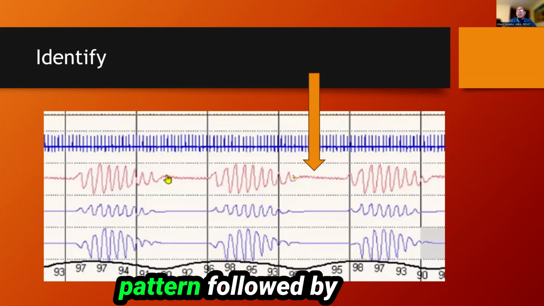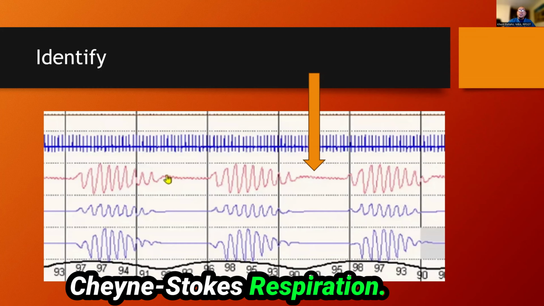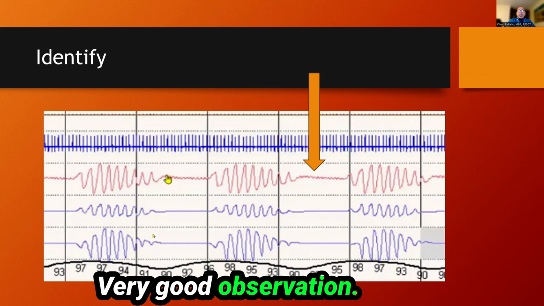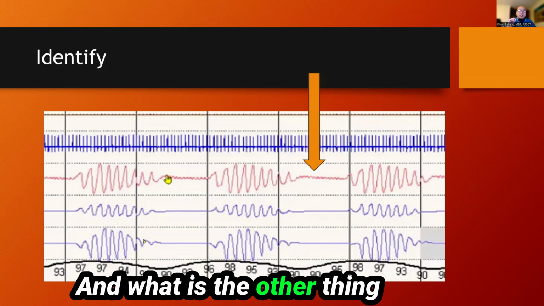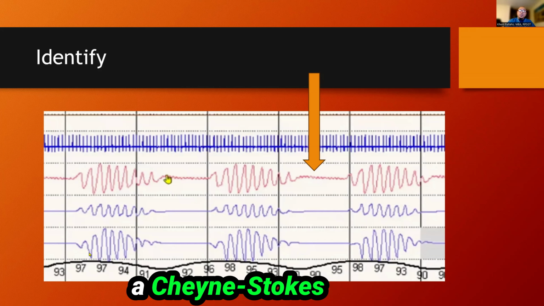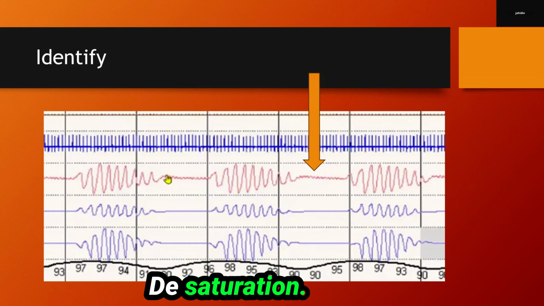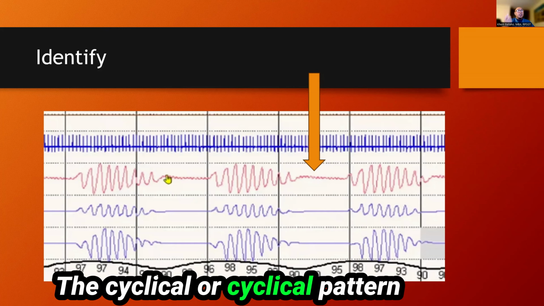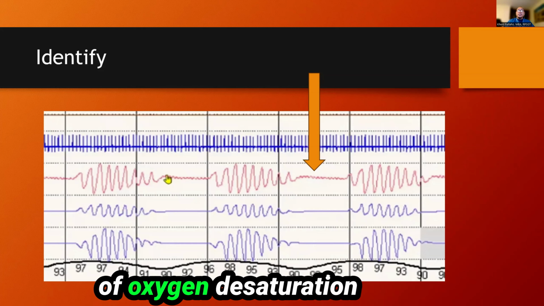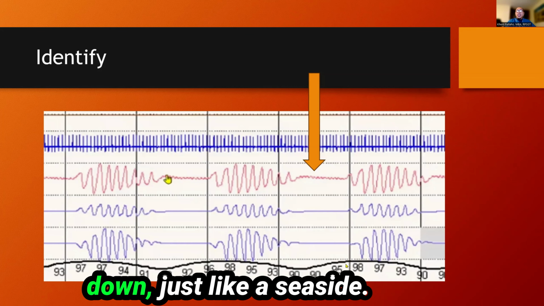So if this lasts for a few cycles, then this is a Cheyne-Stokes respiration. Very good observation. And what is the other thing that usually accompanies a Cheyne-Stokes respiration pattern? The saturation. The cyclical pattern of oxygen desaturation and saturation. So if you look at this, it goes up and down, just like a seesaw.